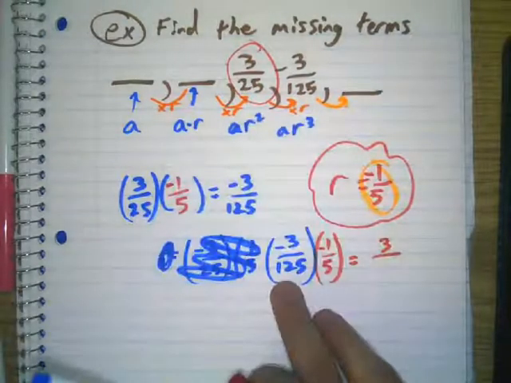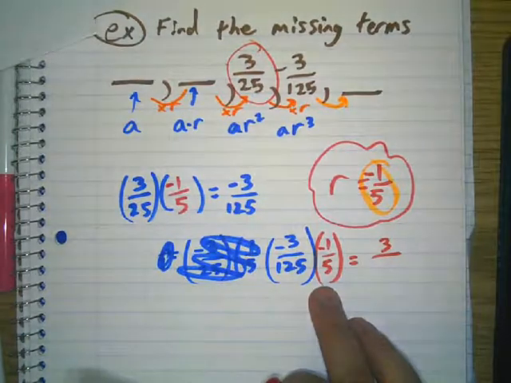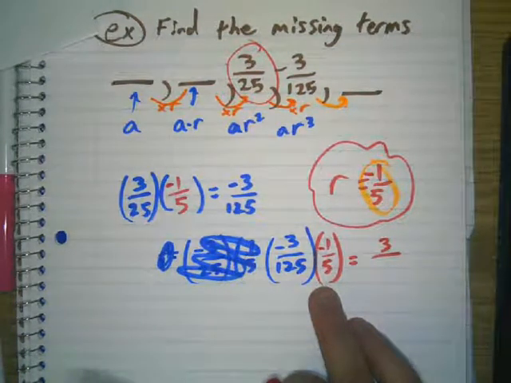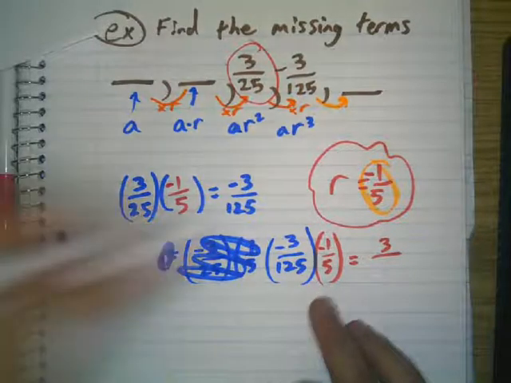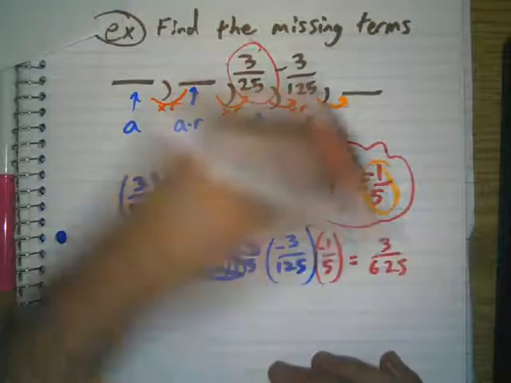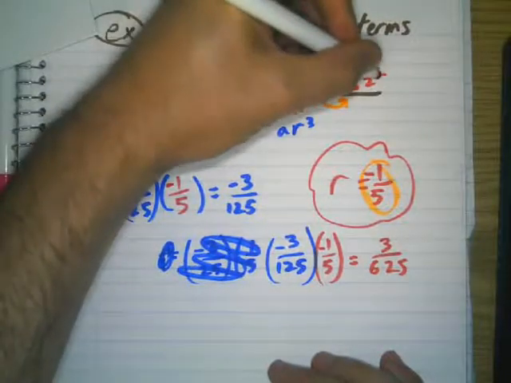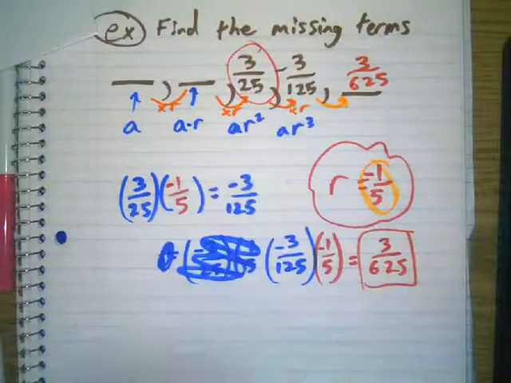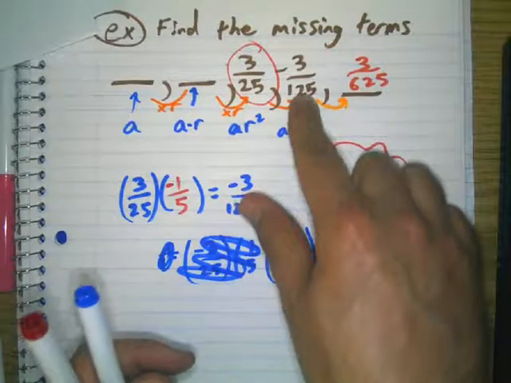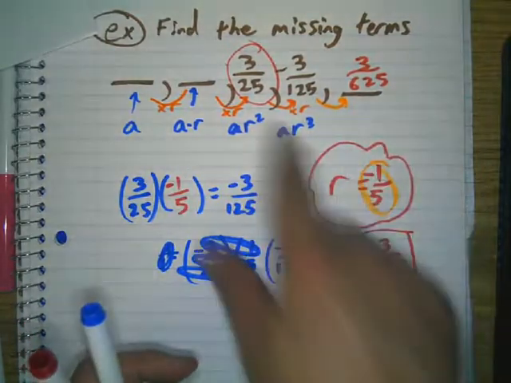And 125 times 5 gives me 625. So 3 over 625. So to get to the next one, we keep multiplying by negative 1 over 5. And the sign is going to change.